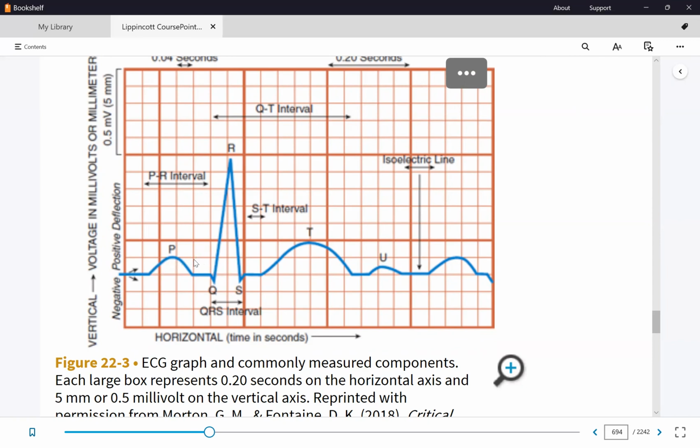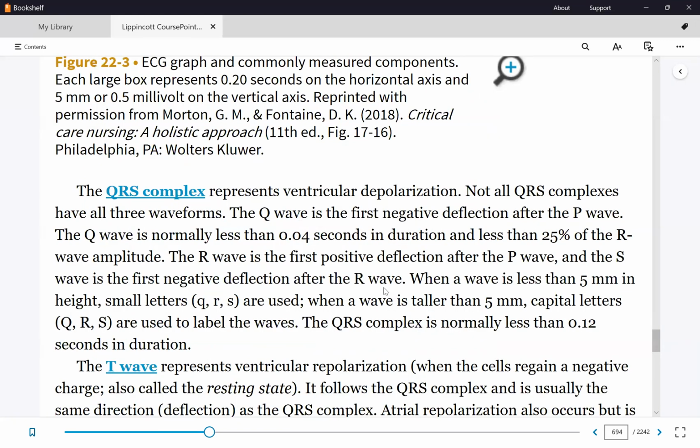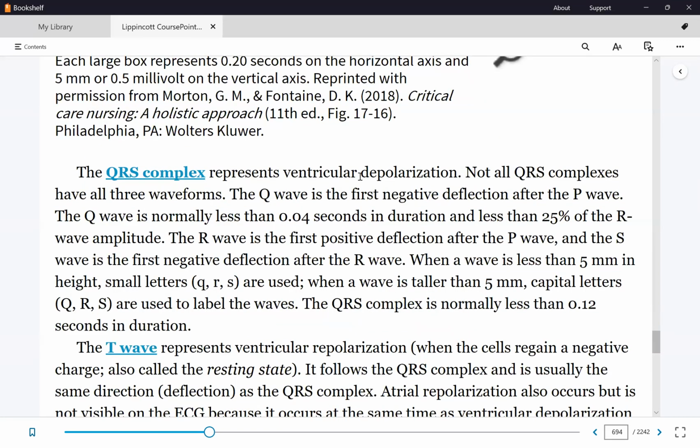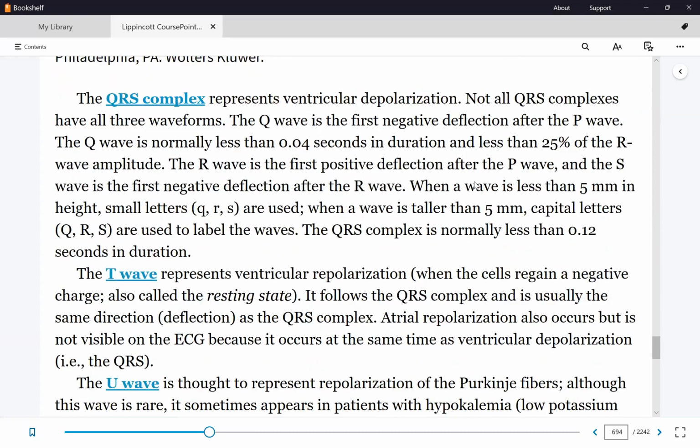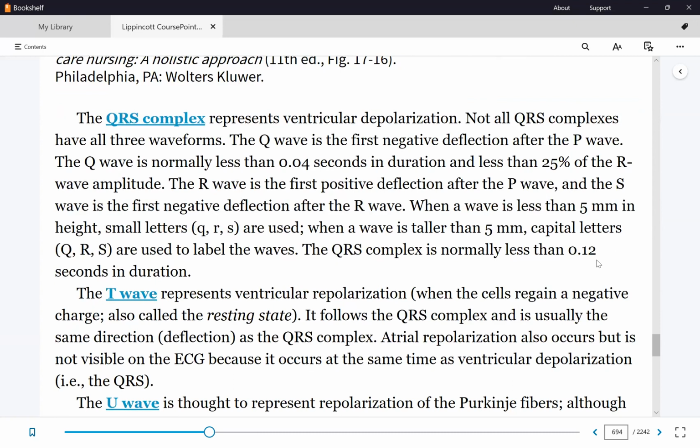How many times stronger is that? 1, 2, 3, 4, about up to 6 times stronger electrical energy being generated. So what is the QRS complex? It represents ventricular depolarization, so the ventricles are contracting. The width of the QRS complex is usually less than 0.12, or less than 3 small boxes.